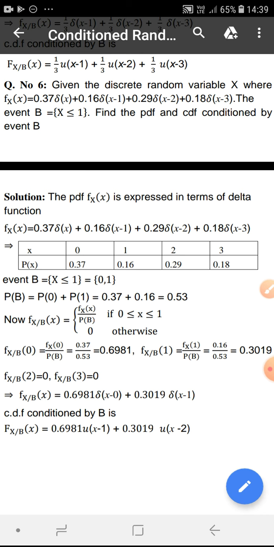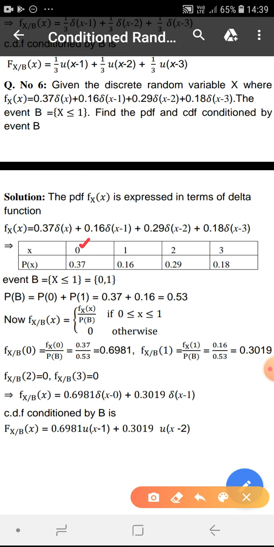Event B is the set of all those x values less than or equal to 1. So the discrete random variable x conditioned by B means now x should be less than or equal to 1. So it will be 0 and 1. 2 and 3 will not be considered.